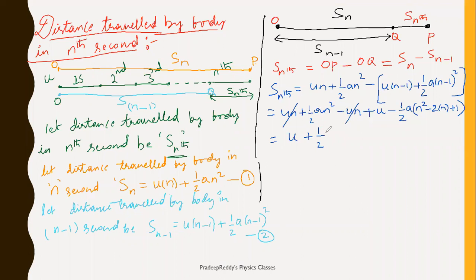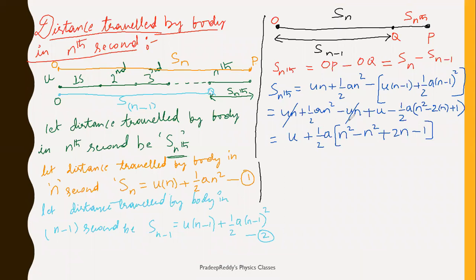Here it is half a n square, and here it is half a that I am taking common, so what is left is minus n square, minus of minus becomes plus 2n, and minus of plus is minus 1.